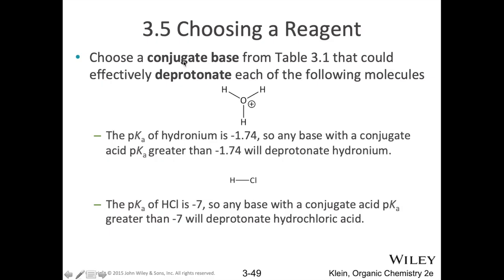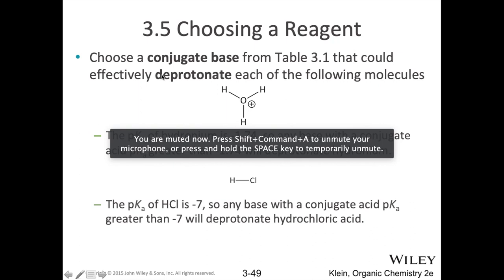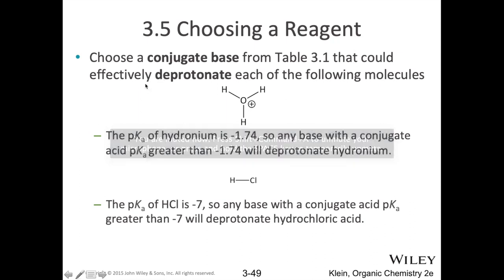So let's have a look at a few examples here. Basically, here we have hydronium, right? And we're looking for a base that would come and deprotonate that and give us the corresponding conjugate acid, which would be water, of course.